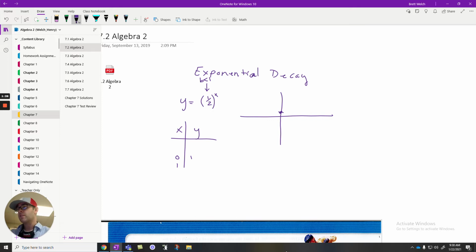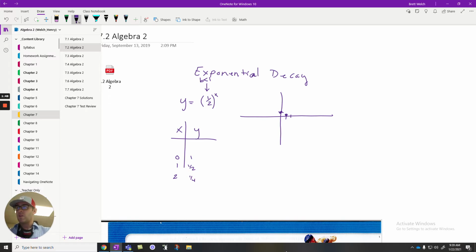So 1/2 to the first power would be 1/2. When I come over to 1, I'm going to put a dot right at a half. It's a big dot, so bear with me. Now if I keep going to the right, if I squared the 1/2, 1/2 times itself would be 1/4. So we can see this is going to get even closer to that axis.